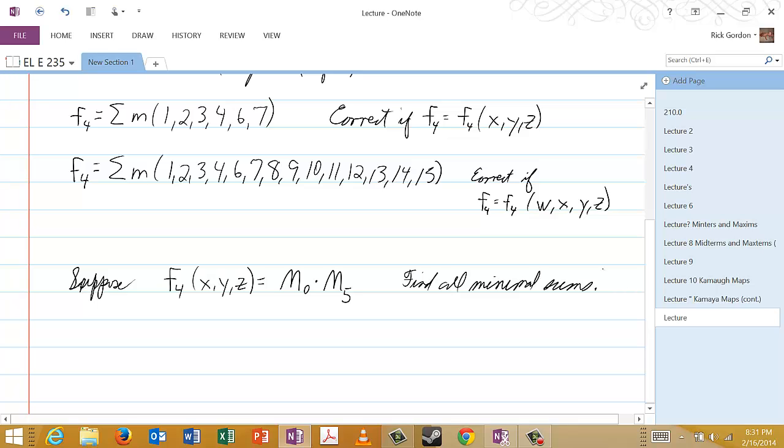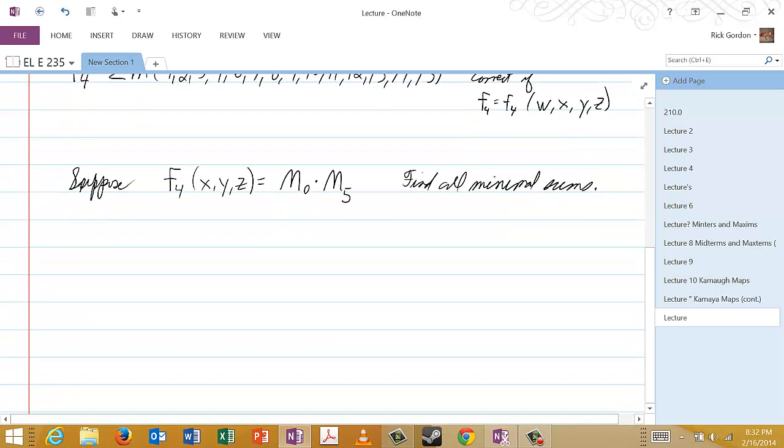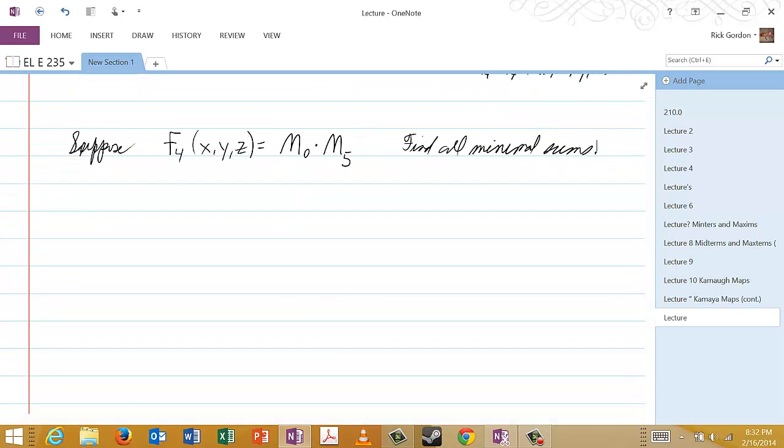So if you feel like you can go ahead and do this problem on your own, I strongly encourage you to go ahead and stop the video and to try to do it on your own. But if you don't feel confident of that, then we'll all do it together. So we want to find all minimal sums of this, and I'll just go ahead and show you how I would proceed to do this problem.